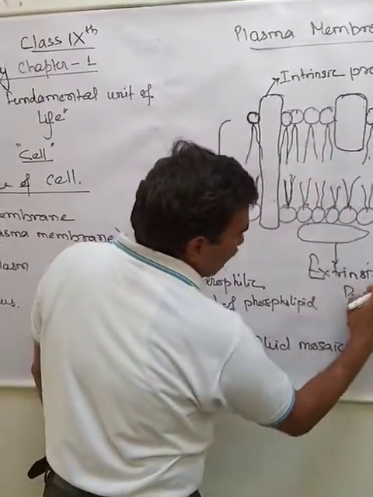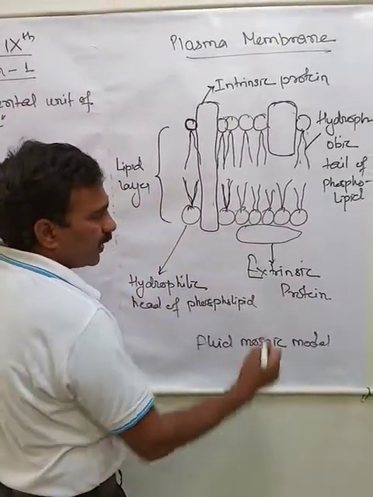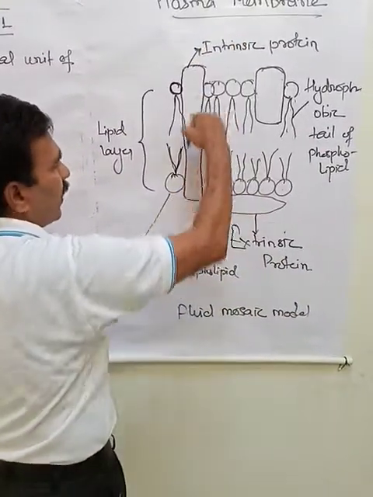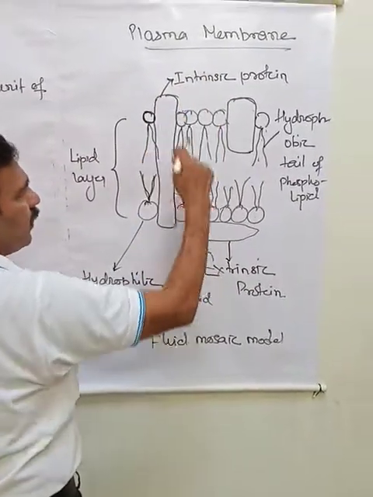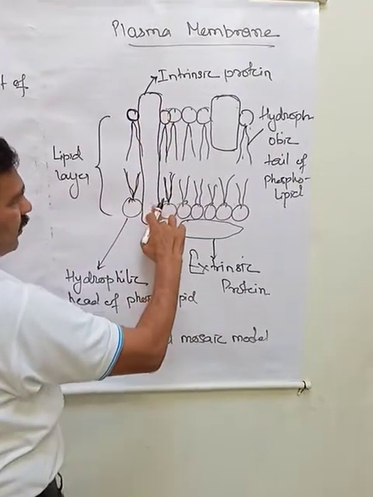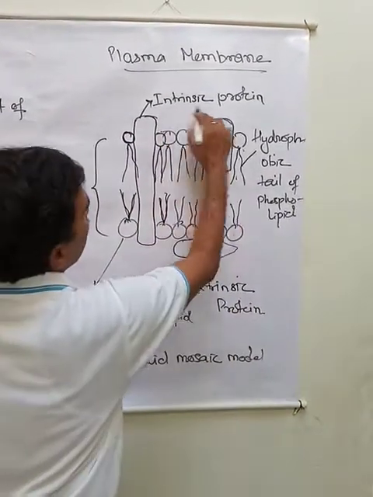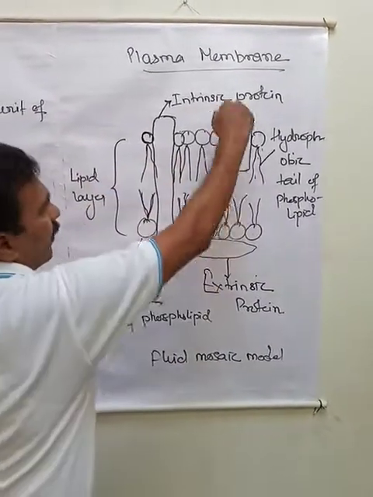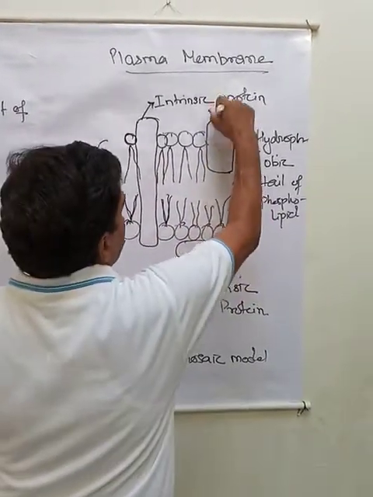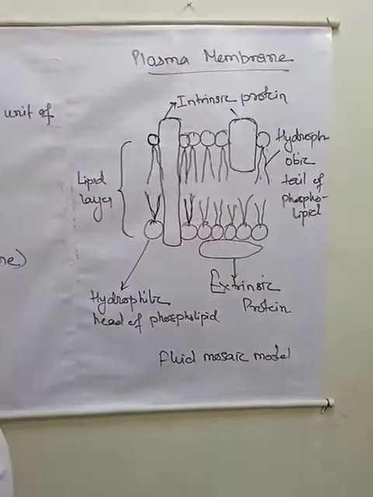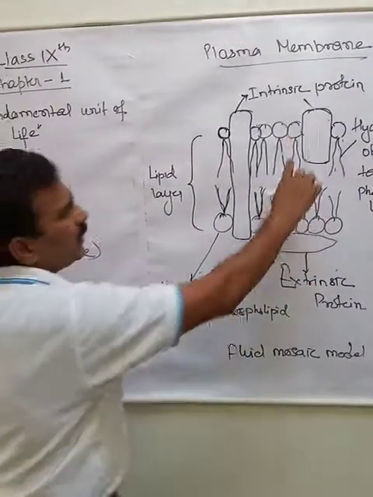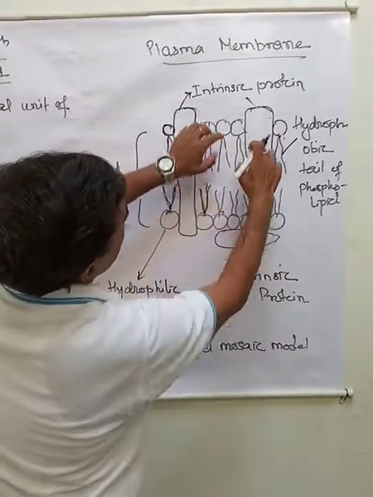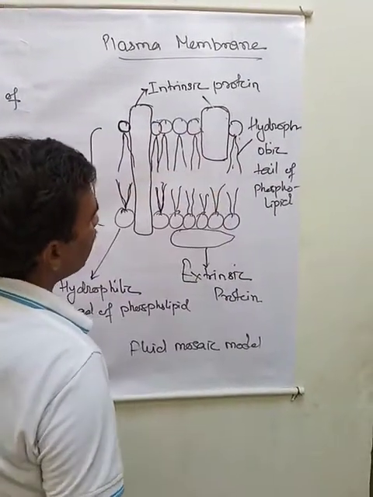They are called extrinsic proteins. Extrinsic means outside. Whereas some protein molecules are within the layer, so they are called intrinsic. Intrinsic proteins may be completely intrinsic or partially intrinsic.